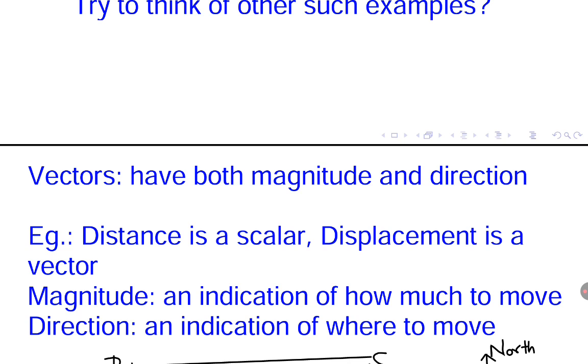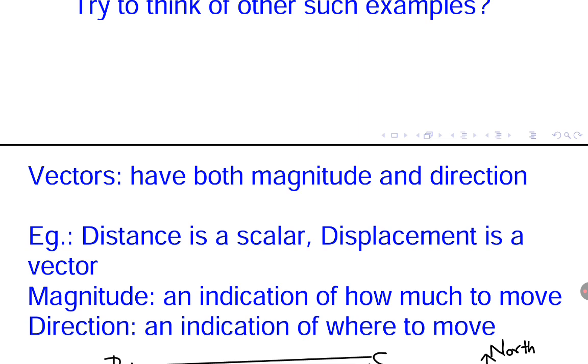How much distance you have traveled moving around in a circle, or even if you move in a straight line, you have covered some distance. So this is a scalar. But when we talk about its vector cousin, displacement, displacement is a vector because it has a magnitude, how much distance you have traveled, a scalar quantity, and it also has a direction, in which direction you have moved that much distance.